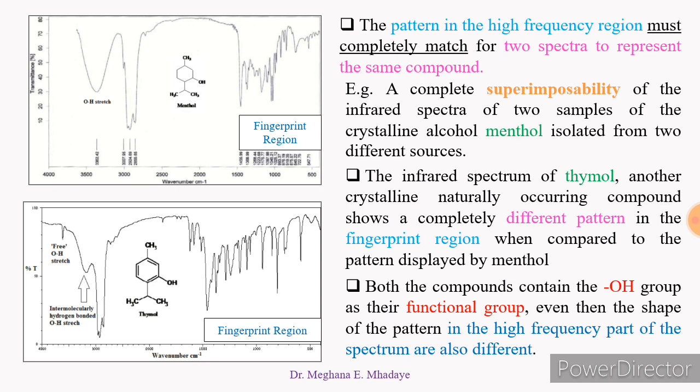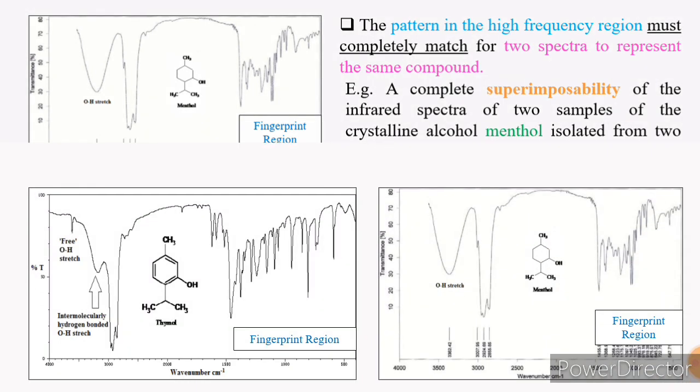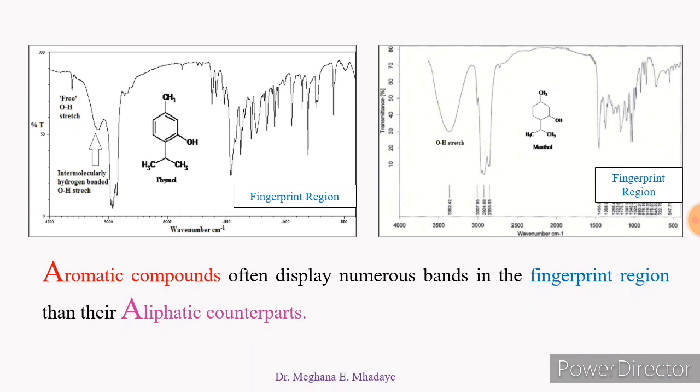Both compounds contain OH as their functional group. Even then, the shape of the pattern in the high frequency part of the spectrum is also different. Carefully observe these two spectra as well as the structures of the two compounds.